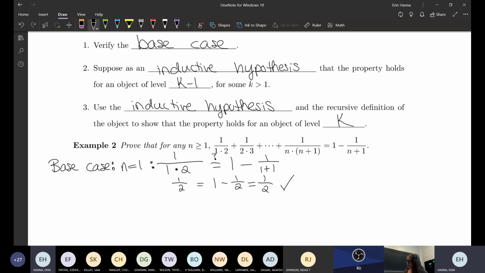So we can take that entire chunk and replace it with what it's equal to by the inductive hypothesis. By the inductive hypothesis, this chunk is equal to 1 minus 1 over k minus 1 plus 1. And then we still have to have that last piece at the back. We can't just forget about that piece. It still has to be there.